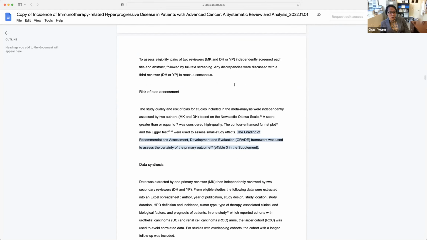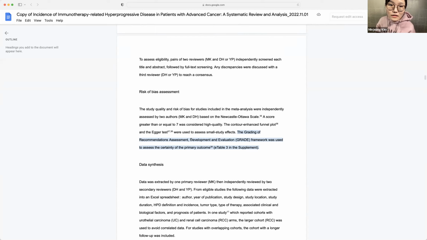Okay. Next section, risk of bias assessment. I think in the past couple of years, they now want you to assess the overall certainty of your evidence, most often using the grading of recommendations assessment.